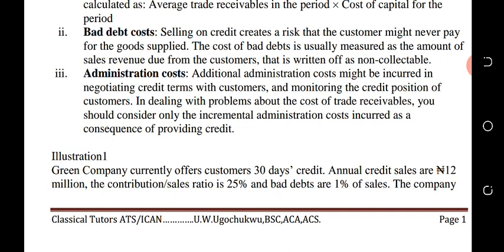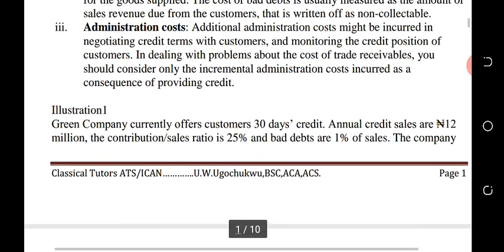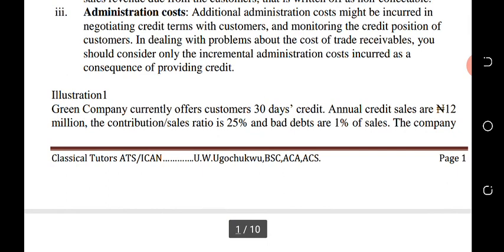All these costs you incur for monitoring the trade receivables are administration costs. Additional administration costs might be incurred in negotiating credit terms with customers, in monitoring the credit position of customers, and in dealing with problems about the cost of trade receivables. You should consider only the incremental administration costs incurred as a consequence of providing credit.